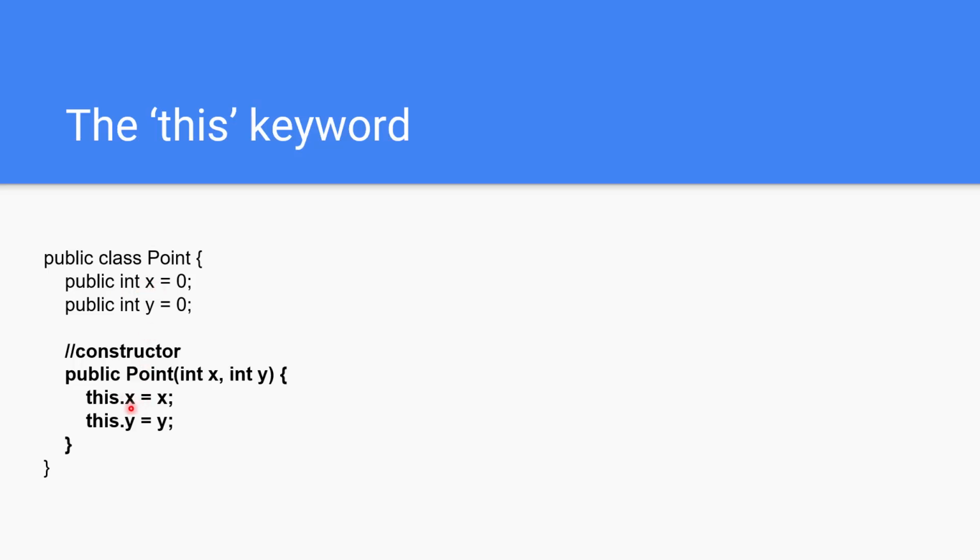So we are actually using this to reference the current variable. And also here, same thing with the y. That's what we're using this for, to differentiate x being passed in from x up here, which is a public integer.